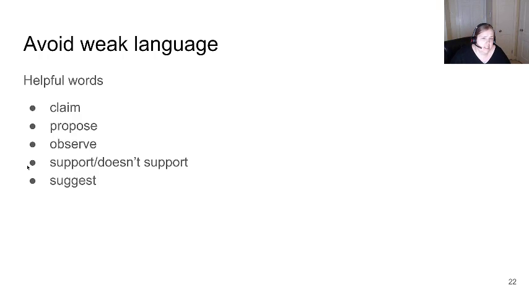And suggest is a good way to admit that we don't know for sure. And calls into question is like the negative of suggest, like suggesting not, right? So this finding calls into question so-and-so's theory. These are really good ways to talk that are not weak. These are strong ways to talk about ideas.